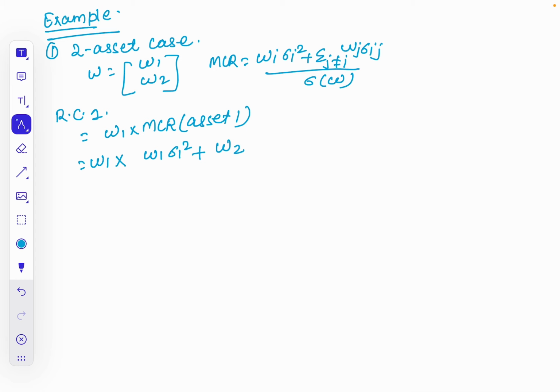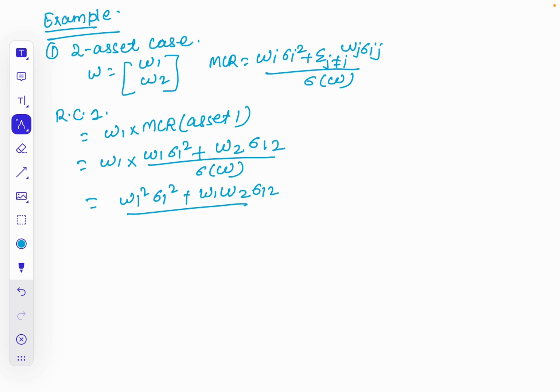So the second term will be W2 into sigma 1 2, divided by sigma W. Now if you multiply by W1, it would be W1 square sigma 1 square plus W1 W2 sigma 1 2, divided by sigma W. So this is the risk contribution of asset 1.